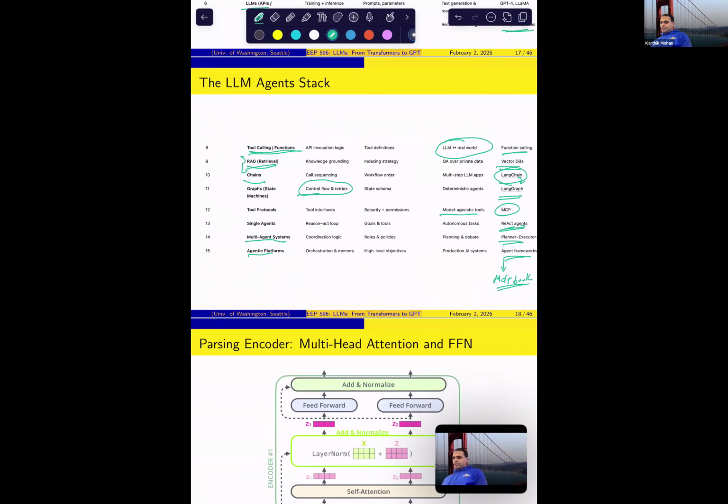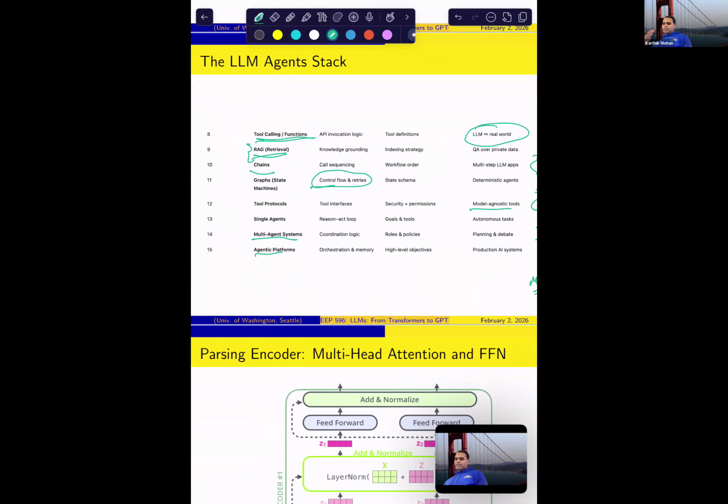So another thing I want to say is that you will find a lot of material, courses and even books on agents, but that's the last layer, the top layer, right? What we're doing in this course is we actually break apart every layer to some extent, understand the foundations, and then move on to the next layer.